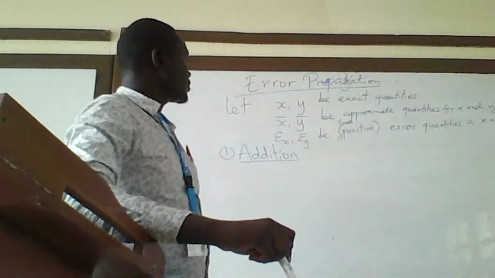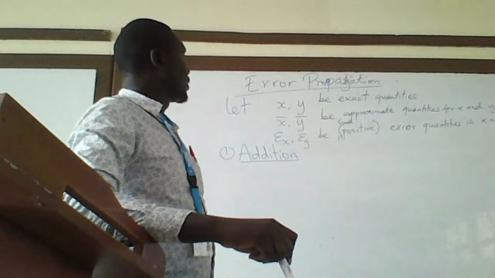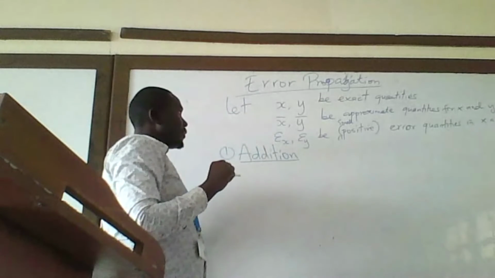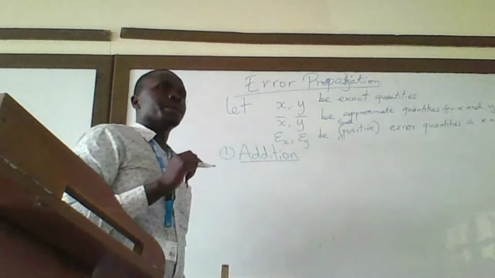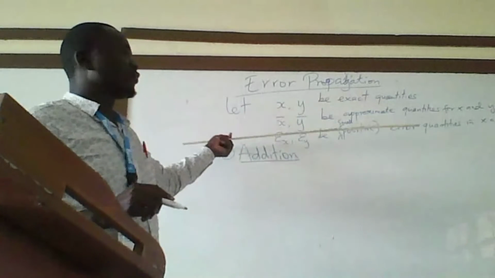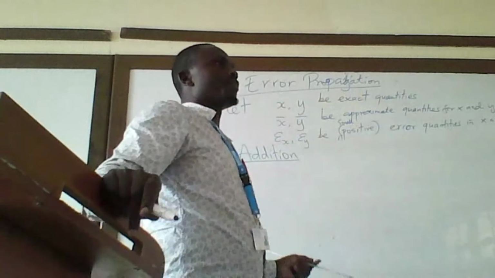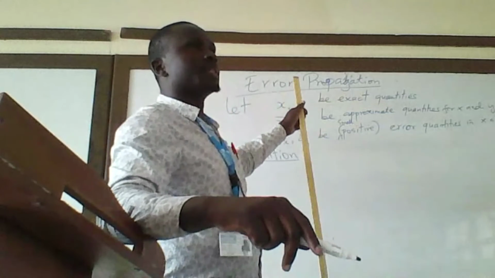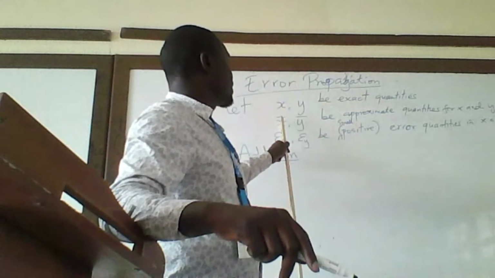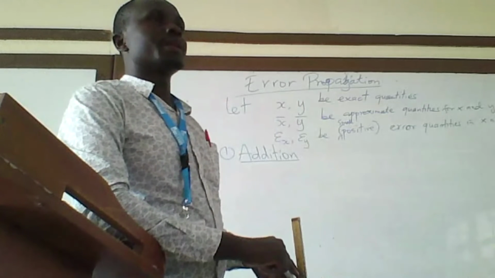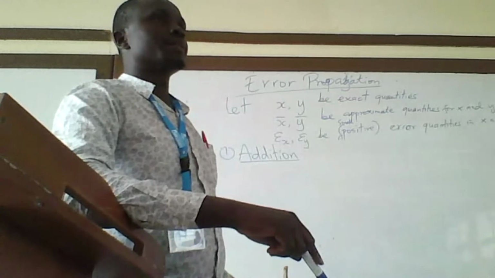I want you to tell me from what you have said as the basic definitions, you already know where you're coming from. What is the relationship between x, x bar, error in x? How are those 3 quantities related?